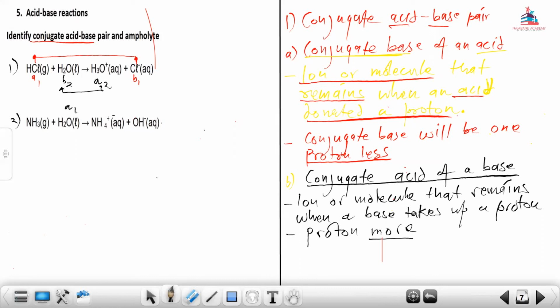And we agreed that a conjugate base will be 1 proton less. So I am looking at a substance that is 1 proton less compared to that one. So it must be this one that will be my base. So OH minus is a conjugate base of H2O. So these two go hand in hand.